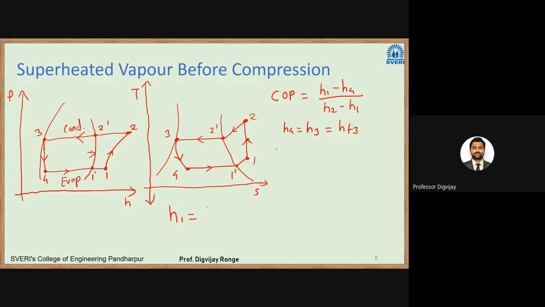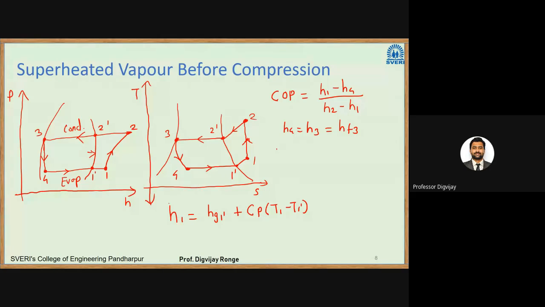So H1 will be Hg1 dash plus some energy. Why have I taken Hg? Hg means enthalpy at saturated vapor. So what will be that energy? That will be Cp delta T, where delta T is T1 minus T1 dash. So that will be the enthalpy at H1.